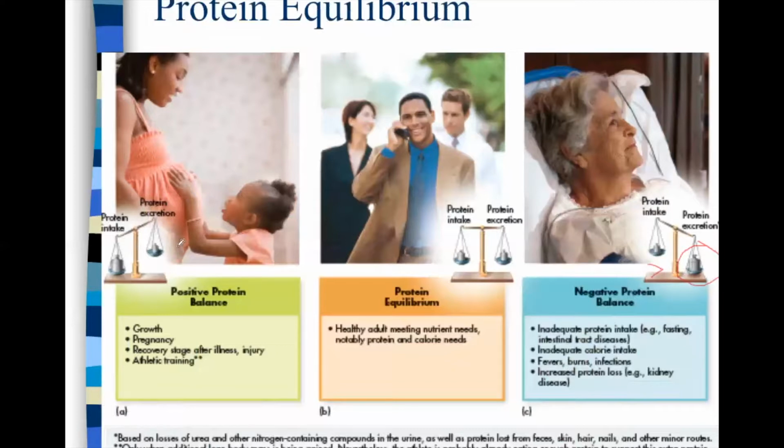In positive protein balance, protein intake is bigger than protein excretion. So this should actually be like this, because protein excretion here for negative is bigger than protein intake. So when you're sick or you're not eating enough, you're actually losing too much protein.